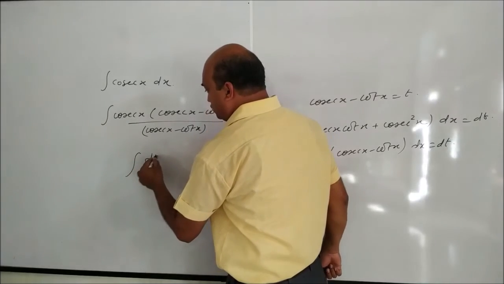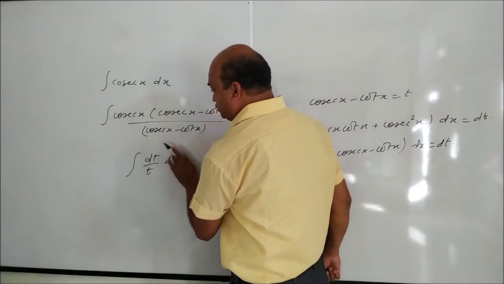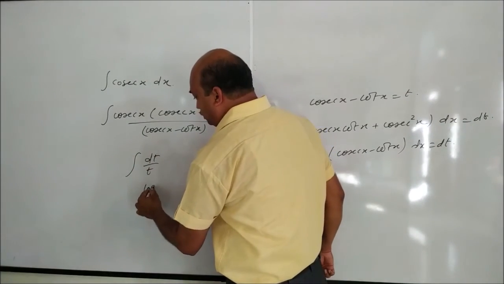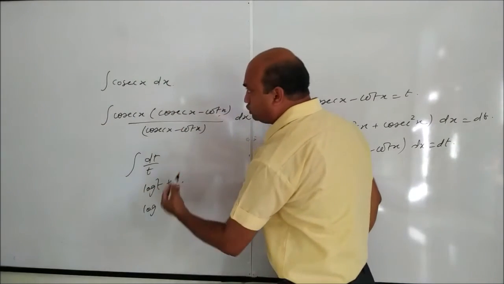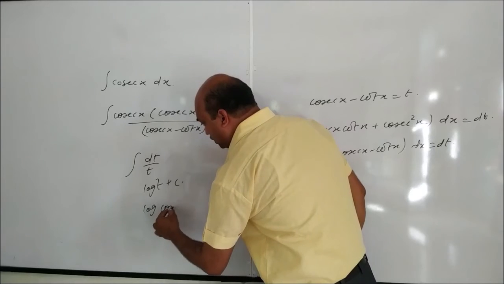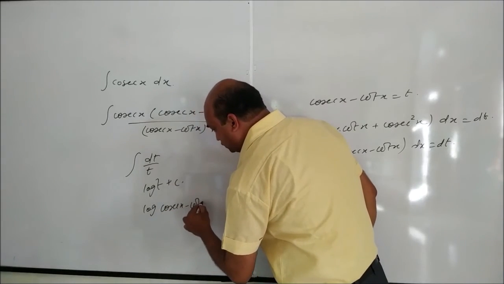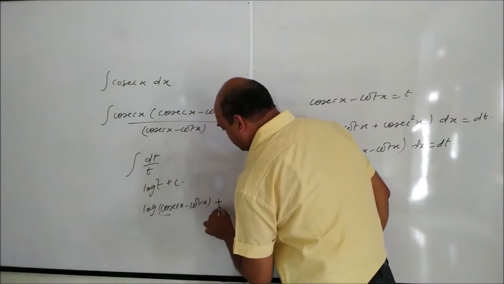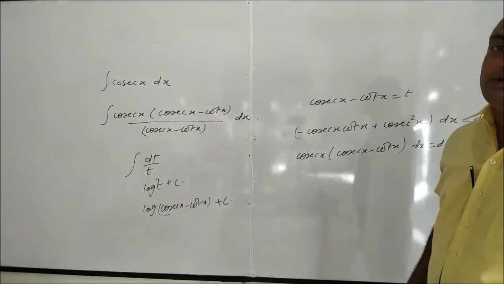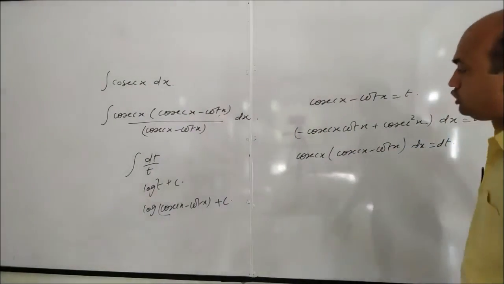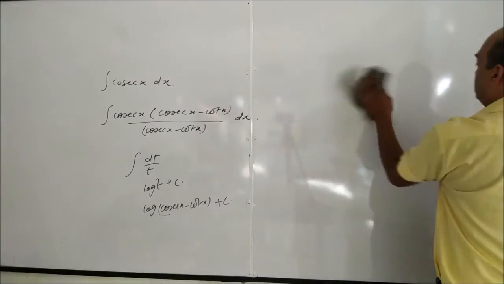It is integration dt by t. That will be log t plus c, and t here also we put in the same, cosec x minus cot x plus c. So here integration of cosec x will be log cosec x minus cot x.